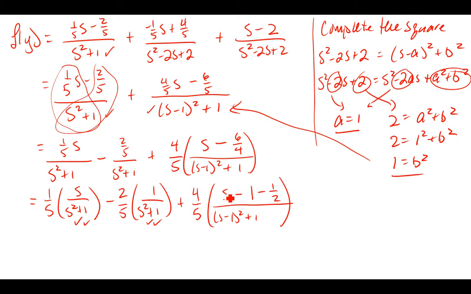So now I'm going to group those together and those together. All right, sorry, I don't know why that looks all weird. Let me do one more. All right, so 6/4 is 1.5. So that's 1 with an extra half left over. Right, s minus 1 squared plus 1.